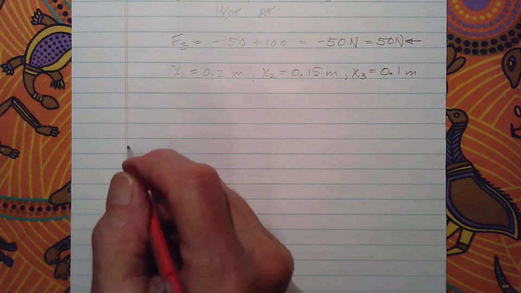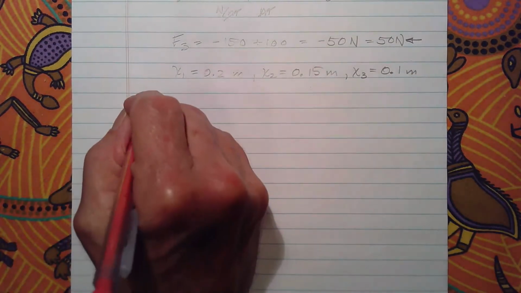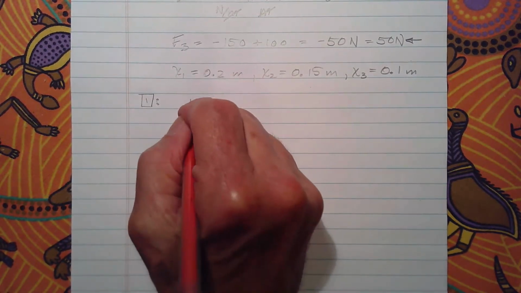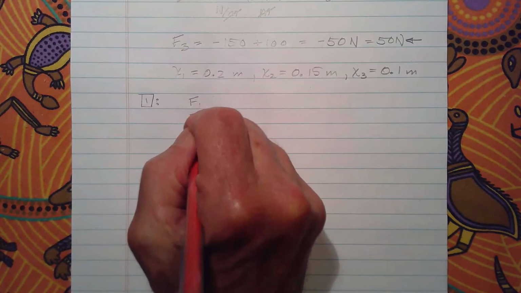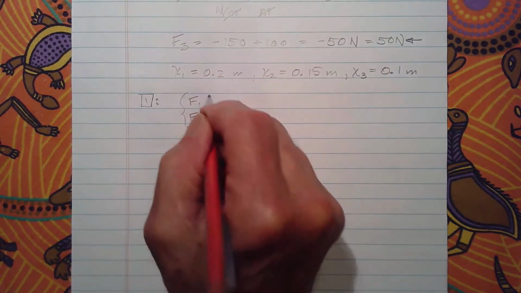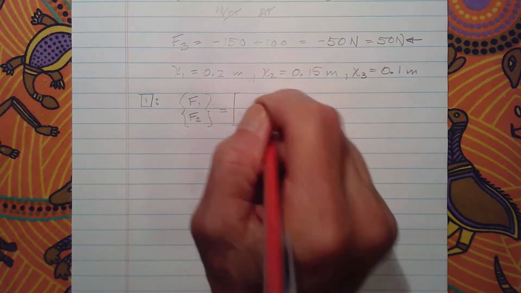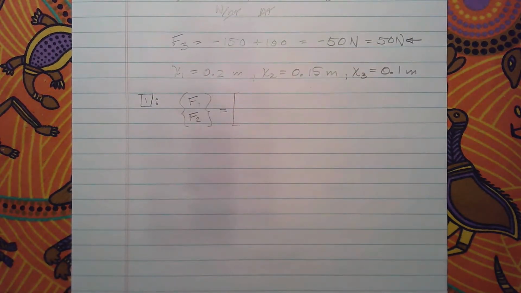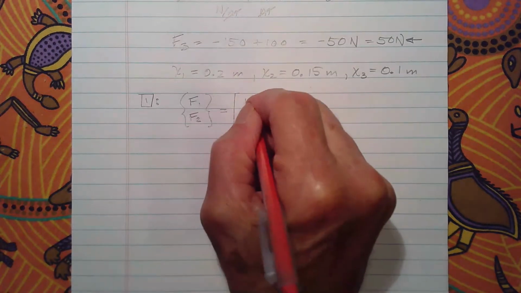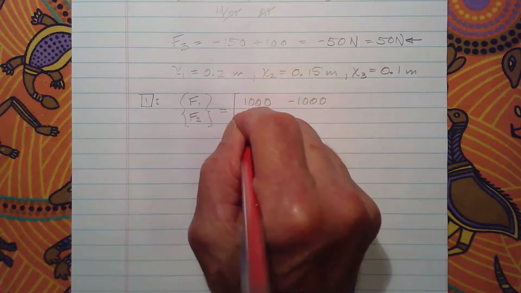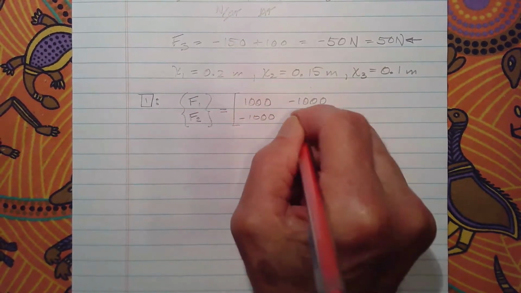Now, if we look at our element 1, so I'll put a 1 with a little square in it to indicate we're talking about element 1, we do have F1 and we do have F2. We've solved actually for F1. Well, actually, we don't need that. This is 1,000. This is minus 1,000. Let's just keep going and see where this leads.